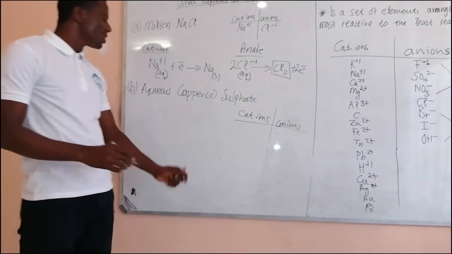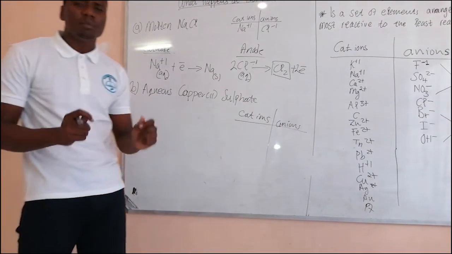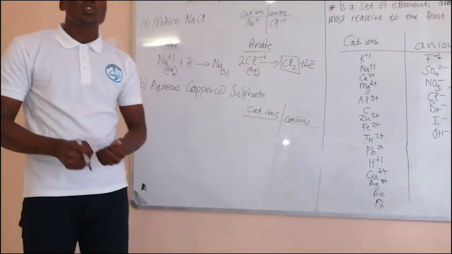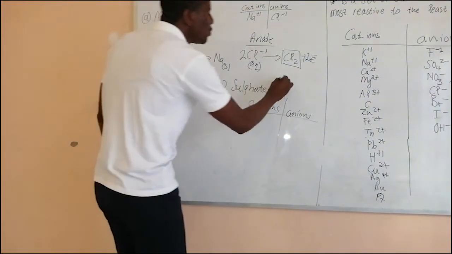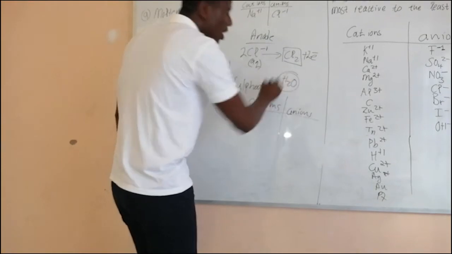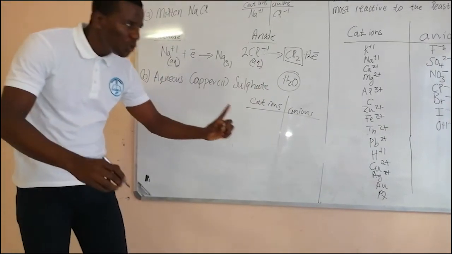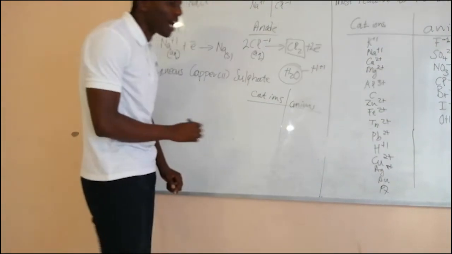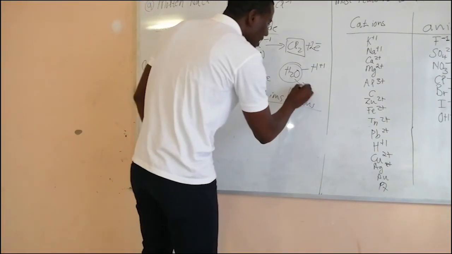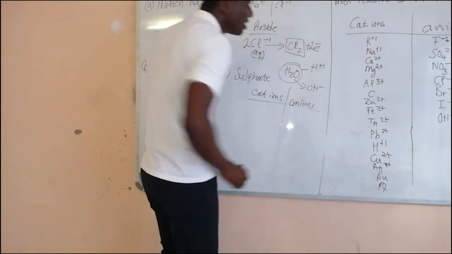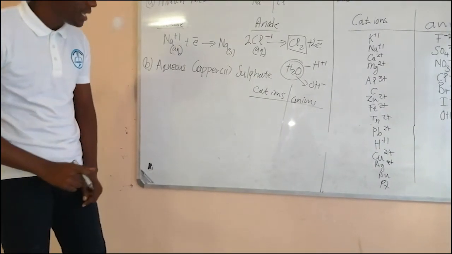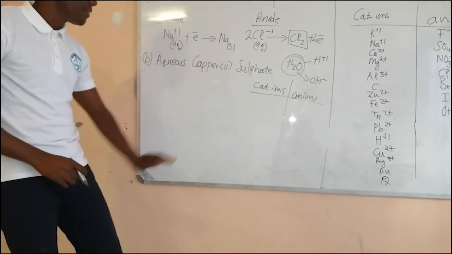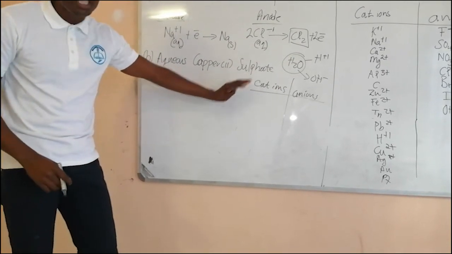Now, I want you to see something. The moment you say something is aqueous, it means it has what? Too much water. So we already have H2O, and we should know when you break down this H2O, what you get. You are going to get H+, which is the hydrogen ion, and OH-, which is the hydroxide ion. Now, just from the aqueous solution, and then we have copper and we have the sulfate.